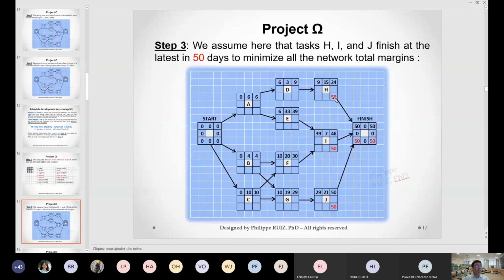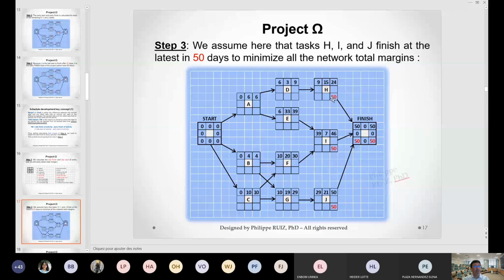What is the late finish of my activity? The late finish of activity H, that's the latest at which I can finish the activity. Remember, we said that the project will last 50 days, J finishing after 50 days. So the late finish of activity J is exactly the same as its early finish, 50 days.